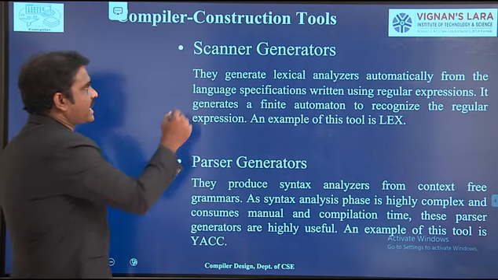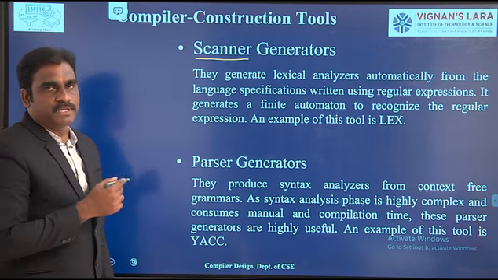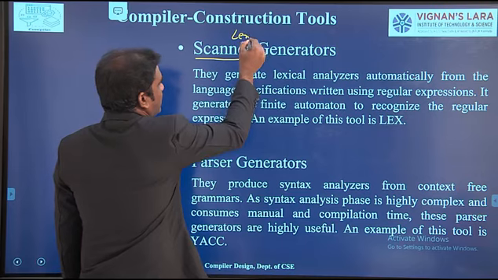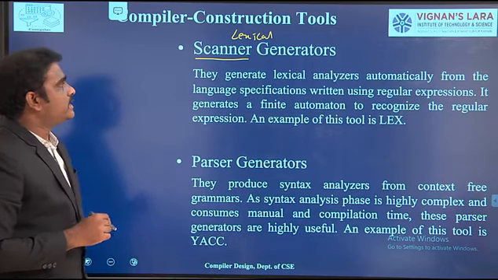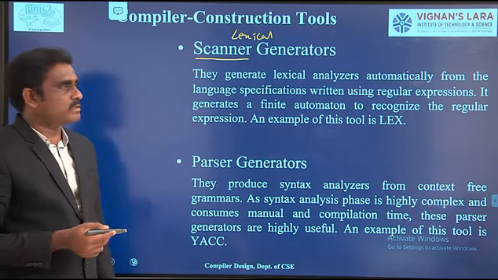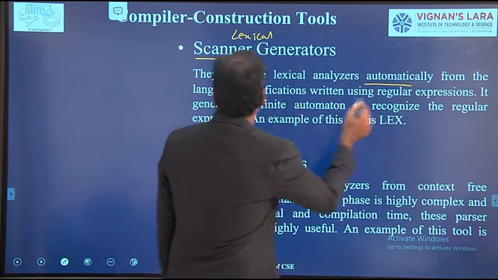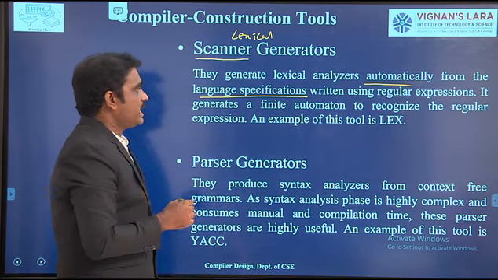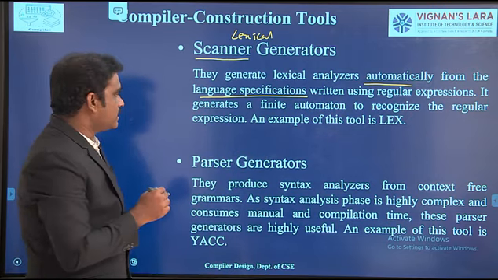The first one is the scanner generator. Scanner means nothing but the first phase of a compiler, that is nothing but a lexical analyzer. The purpose of the scanner generator is to generate tokens. It generates the lexical analyzer automatically from the language specifications written using regular expressions, generating a finite automata to recognize the regular expression.